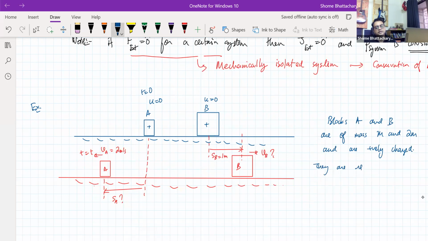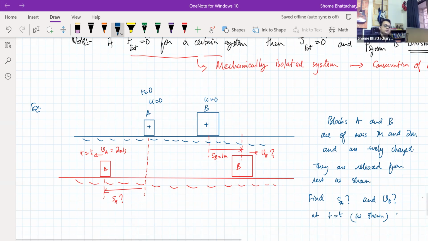They are released from rest as shown. So find the displacement of A and the velocity of B at time t equal to t, as shown. So just try out this question.